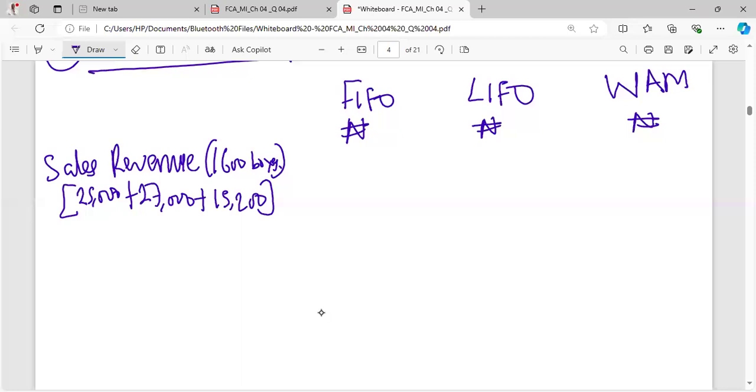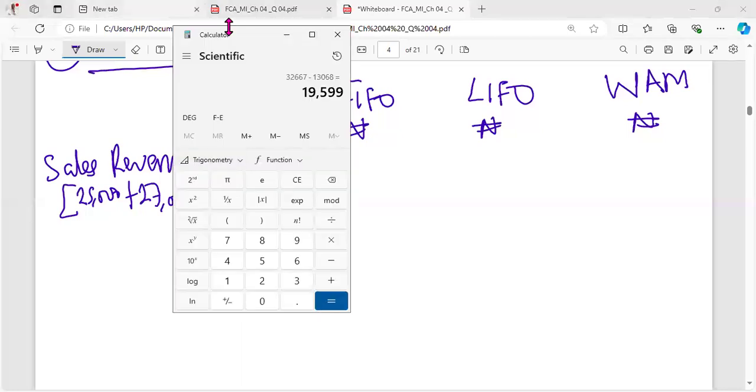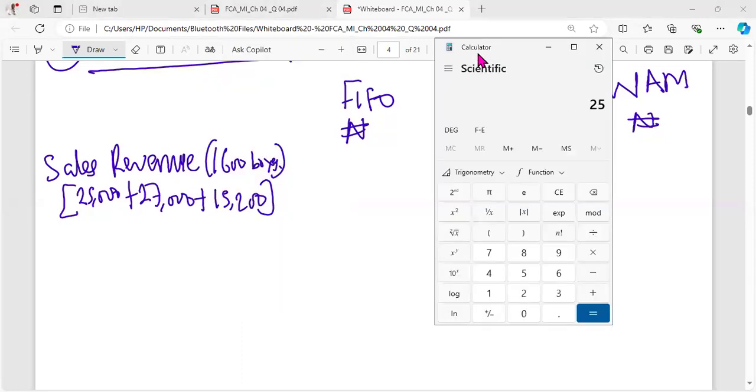So let's calculate what the sales revenue should be. We have 25,000, we are adding 27,000 and 15,200.